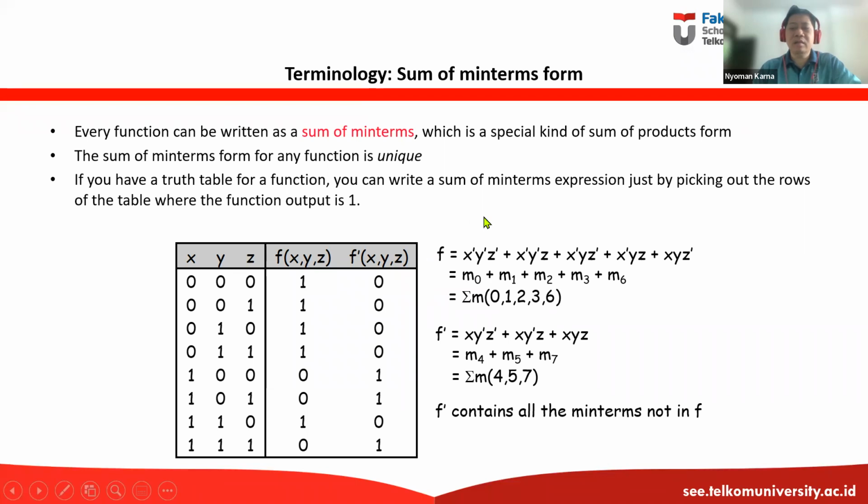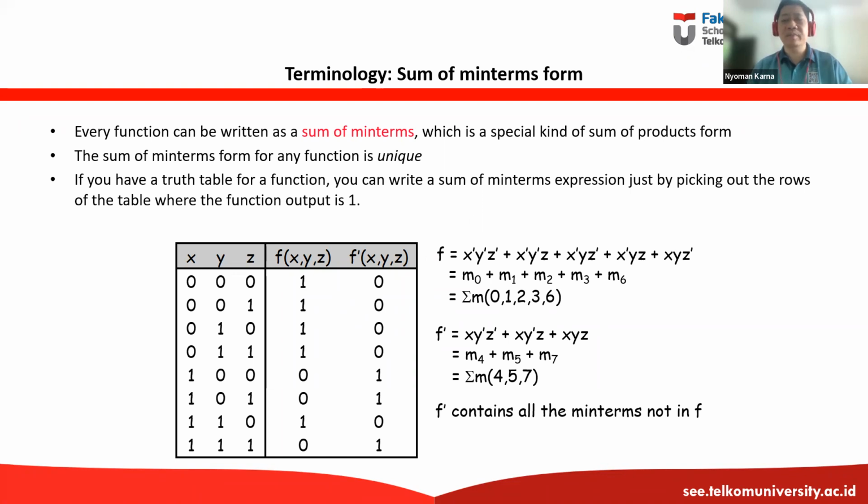And those min term numbers 0, 1, 2, 3, 4, 5, 6, 7, we can use to identify in which min terms the output is 1.